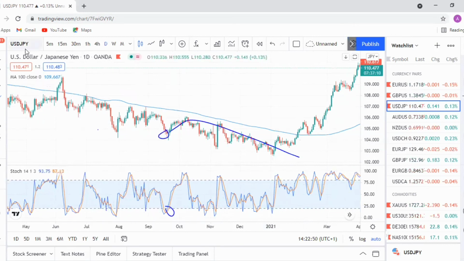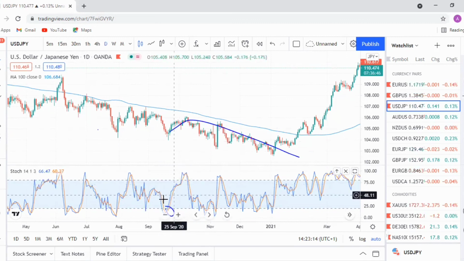Hope this is clear enough. So this is how I use the stochastic and the RSI effectively. And then the stochastic, you can use more effectively when you see the orange coming down, crossing the blue coming down.